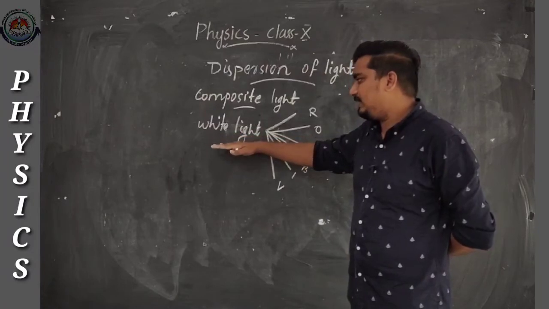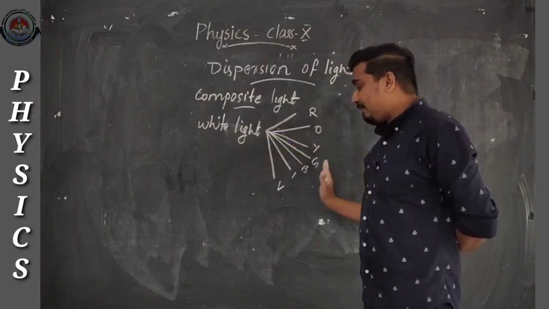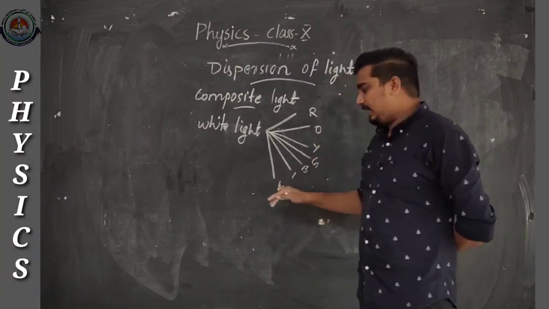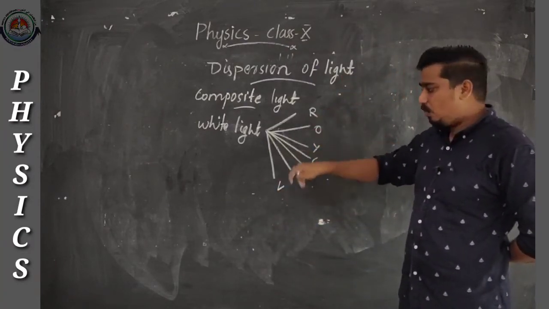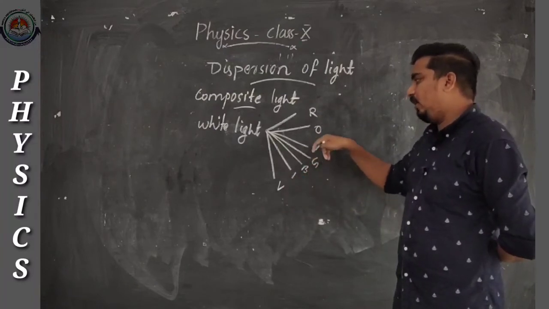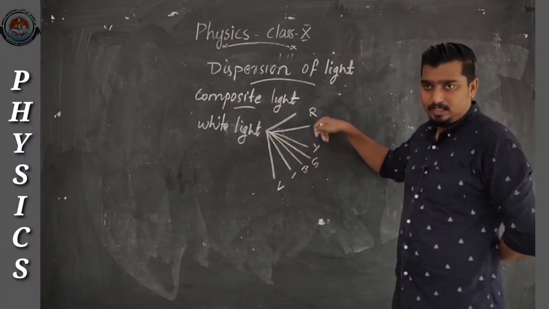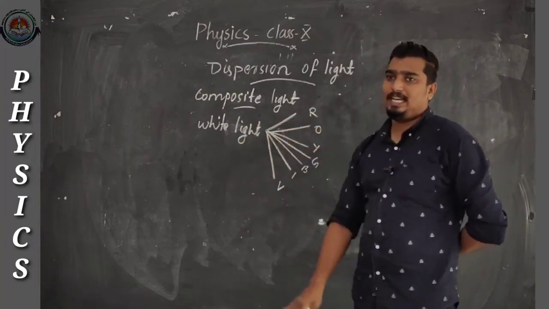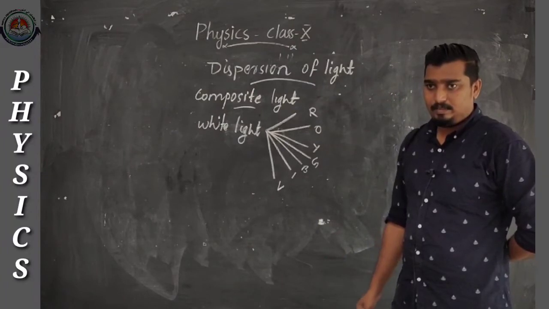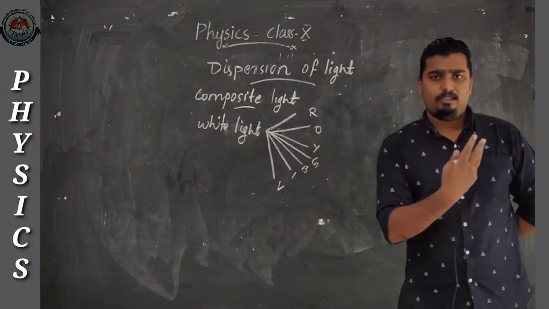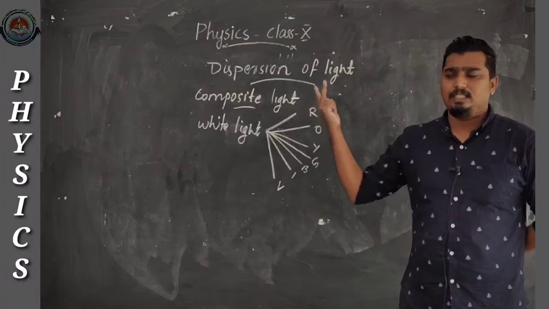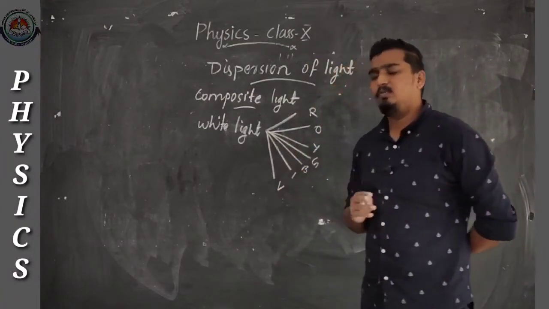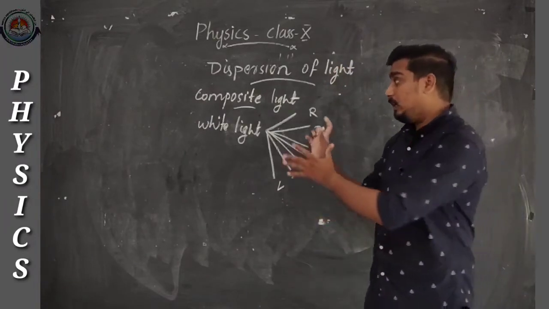This white light is composed of 7 colors, that is VIBGYOR: violet, indigo, blue, green, yellow, orange, red. These are the constituent colors or component colors of white light. Clear? Sunlight, torch light, candle light are examples of composite light.